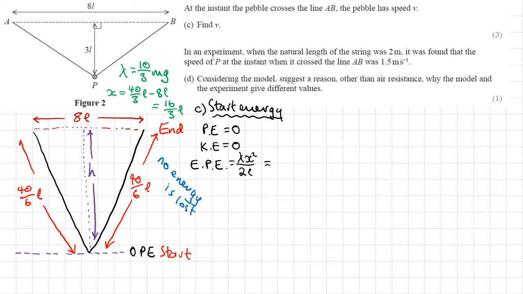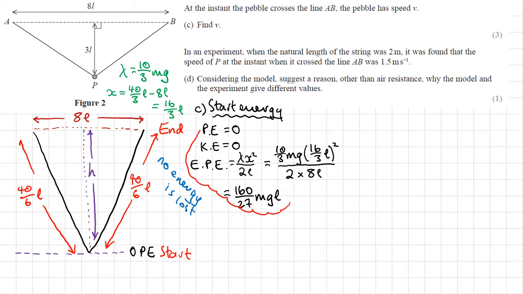So lambda, 10 over 3 mg, times by the extension squared, so that's 16 over 3L all squared, divided by 2 times the natural length, and the natural length is 8L. Now simplifying all of that, we'll get 160 over 27 mgl. So this forms all of the energy at the start.